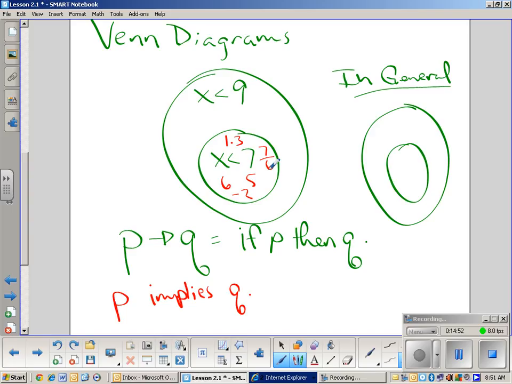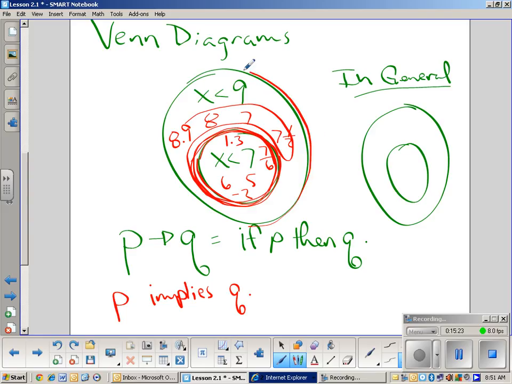What kind of numbers are out here that are not already inside this one? 8, 7, 8.9, 7.5. All those numbers are in there, right? And so what we're saying is, if it's in this group here, then it has to be in this bigger group.